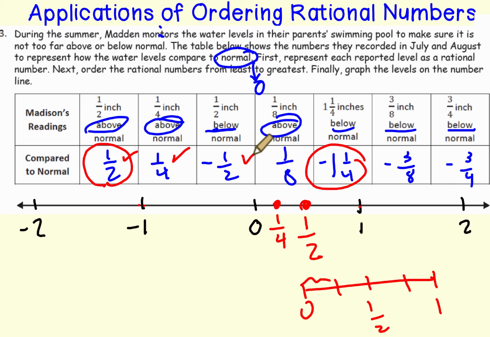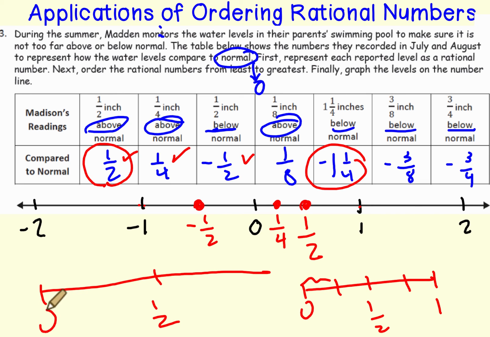Negative 1/2, it's the opposite of 1/2, so it's halfway between 0 and negative 1. 1/8, if this was a half, this is 0, and this is 1, this is my 1/4, and so 2 times 2 is 4, and if I split that in half, I get an 8. So that means it's halfway in between 0 and 1/4.